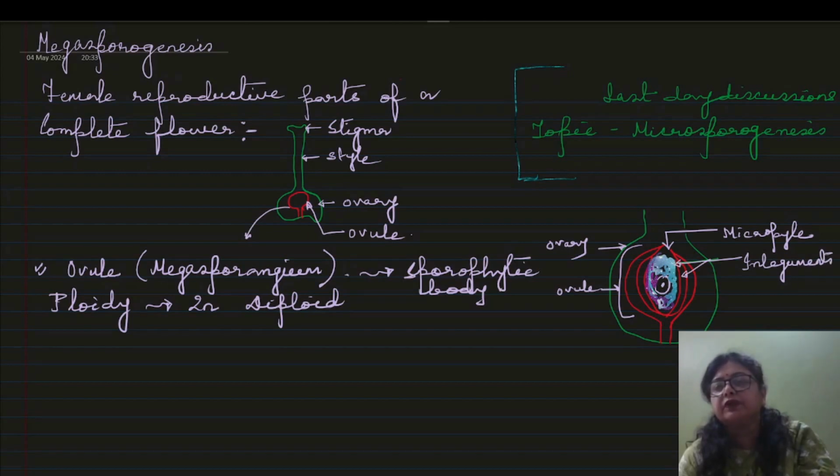Now this portion which I have filled is a cellular portion, and this is termed the nucellus. All the cells are there, but one cell is very significant here and bigger in size in comparison to other cells, and this is called the megaspore mother cell, MMC.